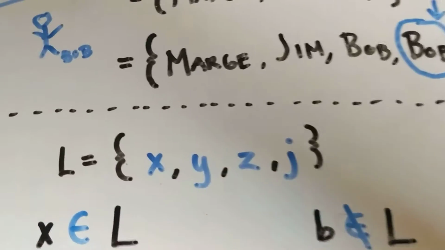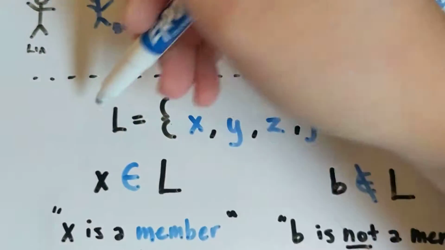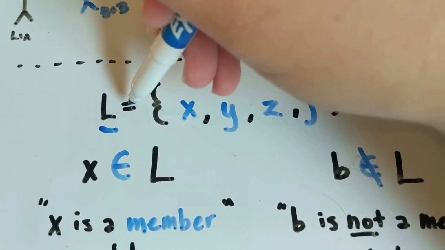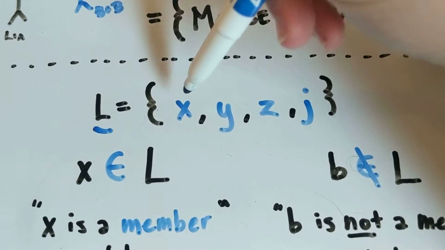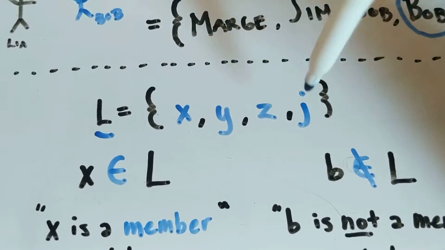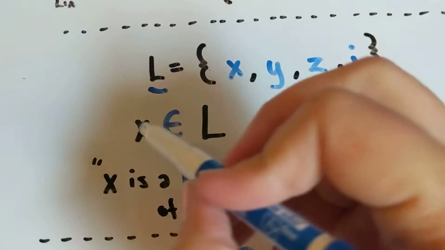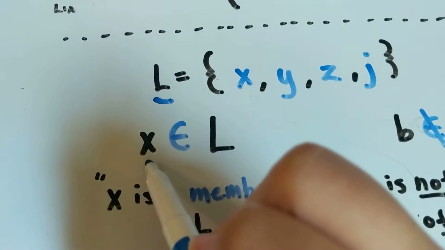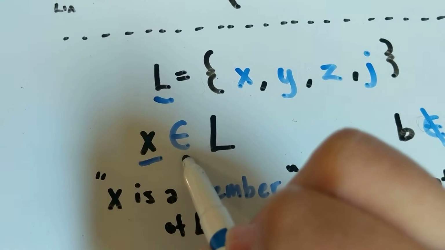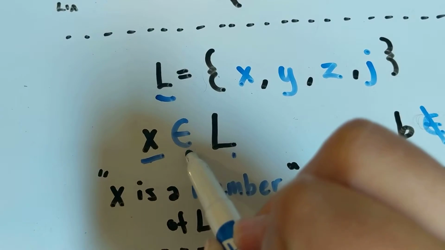And since these all happen to be letters, we're going to call this set L, which is made up of the members X, Y, Z, and J. Now, if we want to say something about X, we can say that X is a member of L. That's what this symbol means.